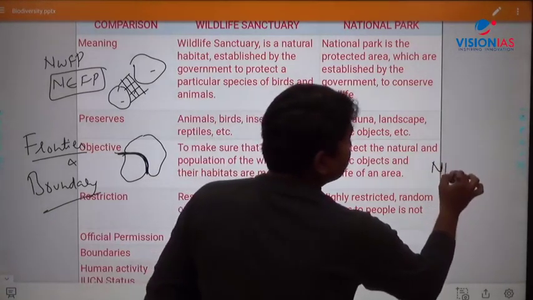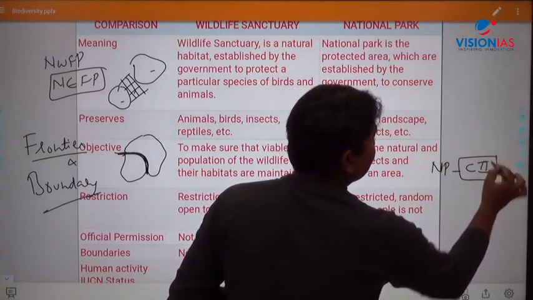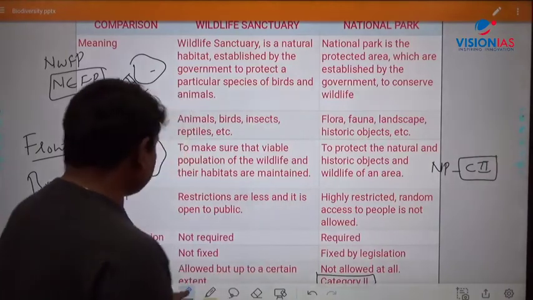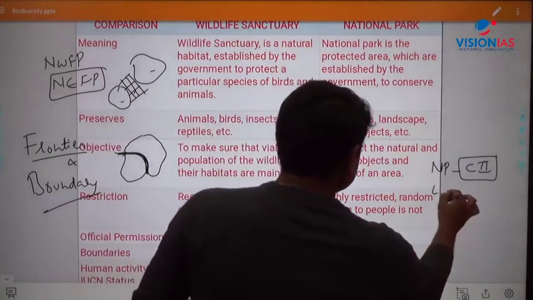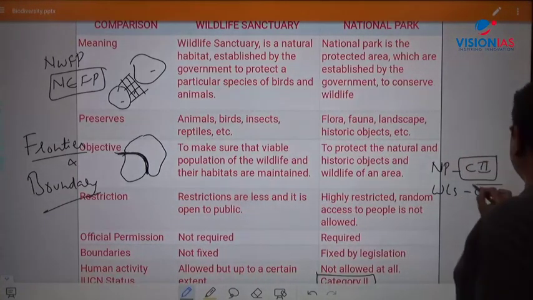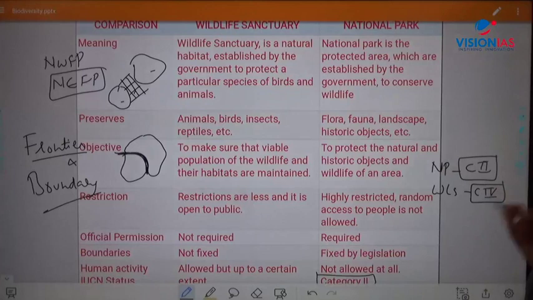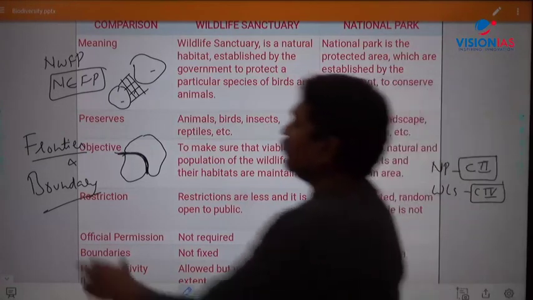National parks come under Category 2, popularly called the C2 category. Whereas wildlife sanctuaries are not given here. You can write this one. Wildlife sanctuaries come under Category 4.